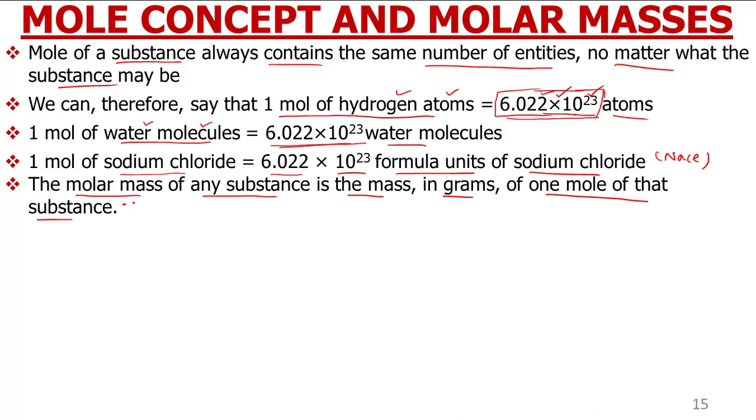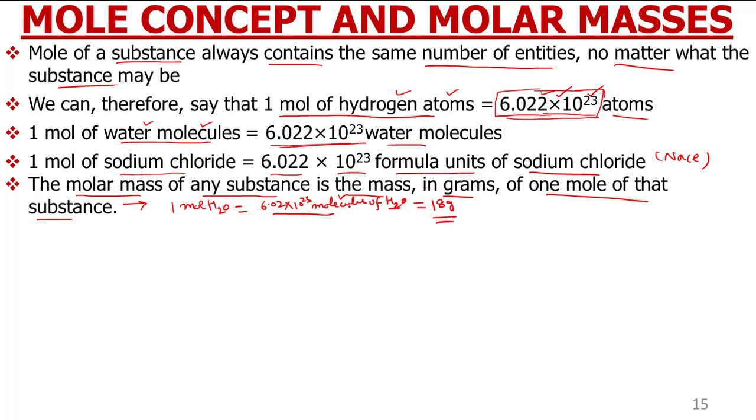Suppose we have 1 mole of water, which is equal to 6.02 × 10^23 molecules of water. Now if we take the weight of these molecules of water, its weight will be equal to the molecular weight of water, which is 18 grams. You have to be very careful.